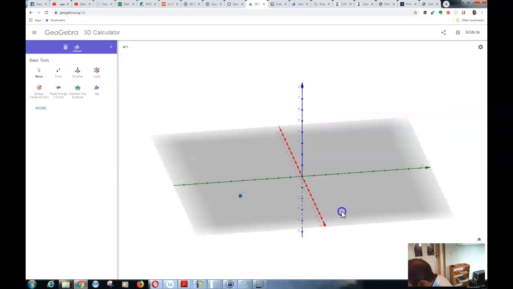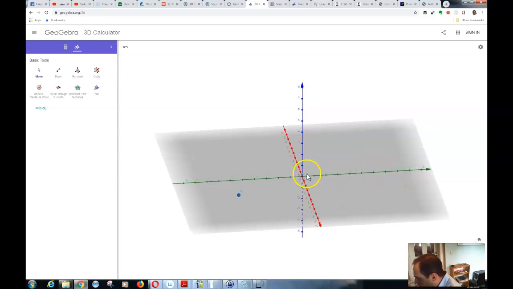Now you can see that all of these numbers are positive. All of these numbers are negative. These numbers negative. These numbers positive.